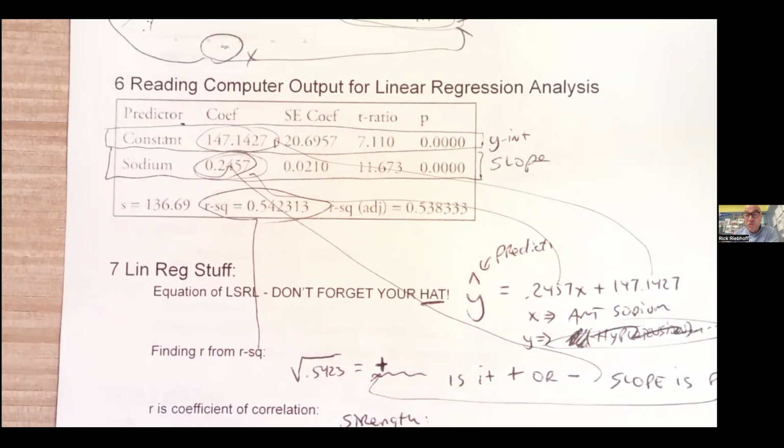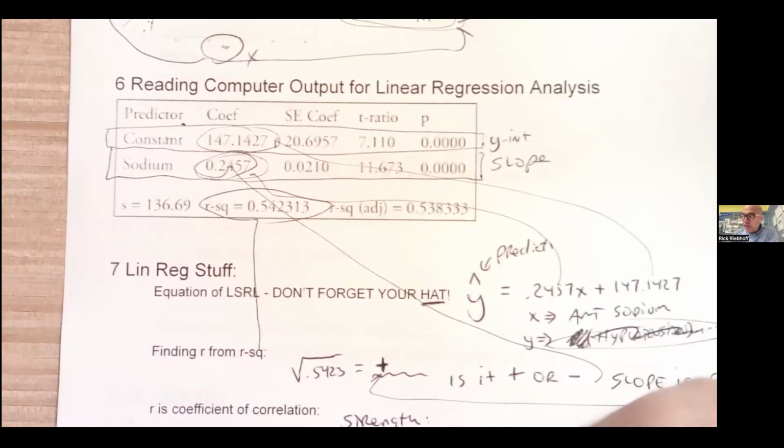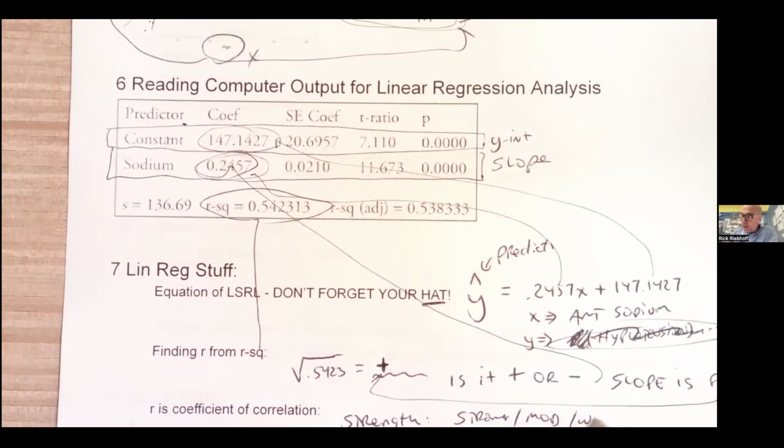R can tell us how strong the relationship is or the direction. So direction is either positive or negative. Strength is either strong, that's when it's like 0.9 and above, or negative 0.9 to -1. It can be moderate or it can be weak. And you can use some fudge words in there, right? Moderately weak, somewhat weak, fairly weak, extremely weak, right?